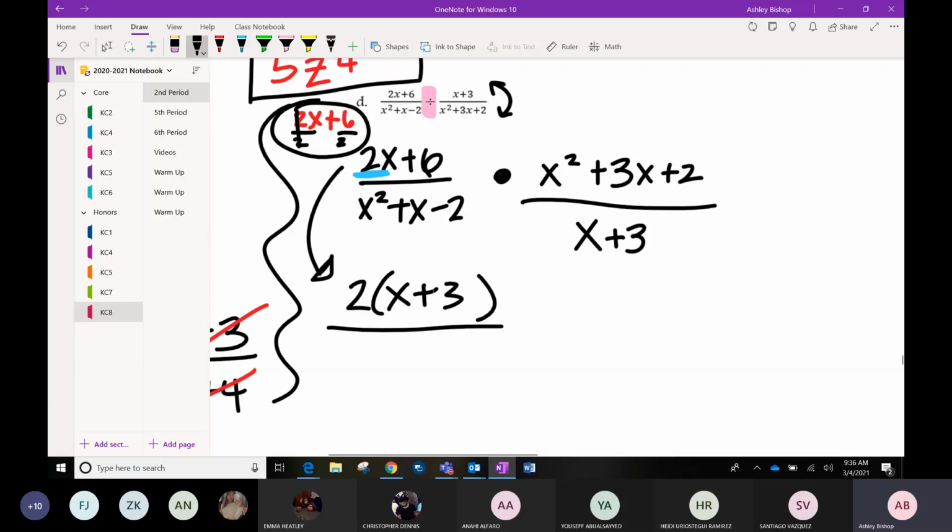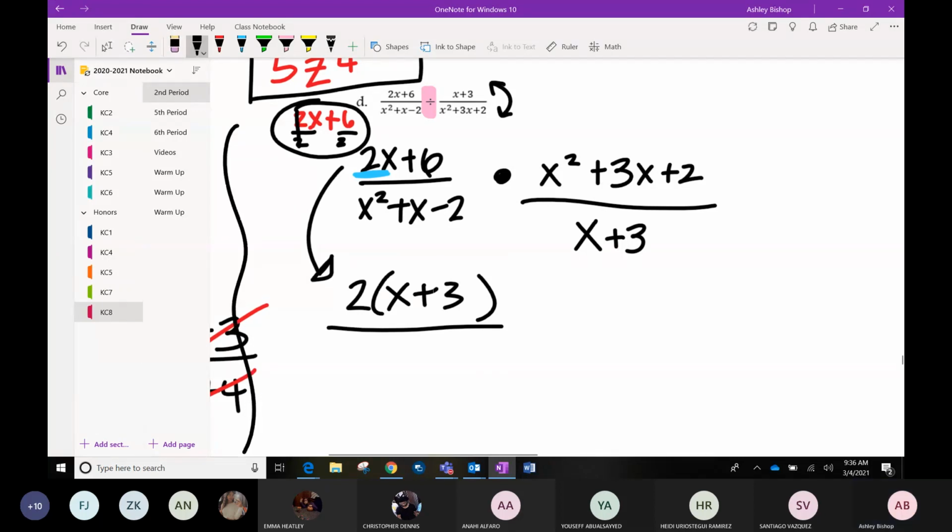Then I need to factor the bottom, x squared plus x minus 2. I need to find the factors of negative 2 that add to 1. The factors of 2 are just 1 and 2. I hope you agree with me that 2 minus 1 will get me 1. So x plus 2 and x minus 1 will do the job.